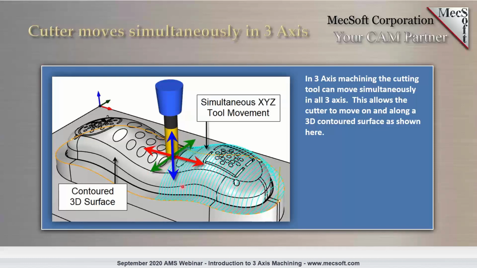If you take a look at this slide, you will see that the x-axis is represented by the red arrow, the y-axis by the green arrow, and the z-axis is typically represented by a blue arrow, as you can see in this slide. The cutter will be moving in all three linear axes simultaneously to be able to produce the resulting machined part when you program it using our CAM products.